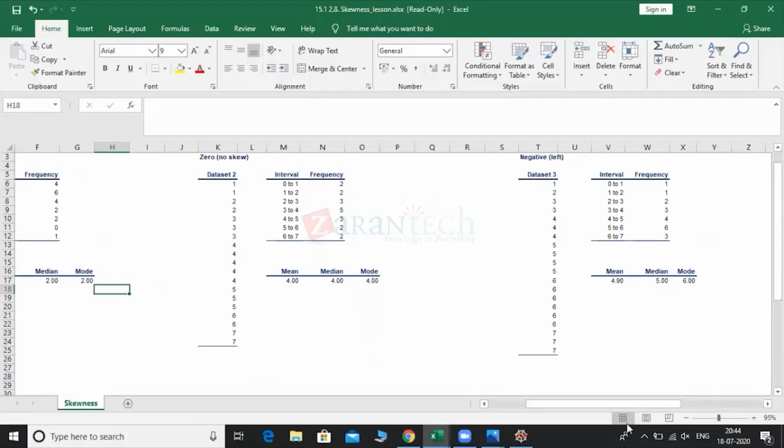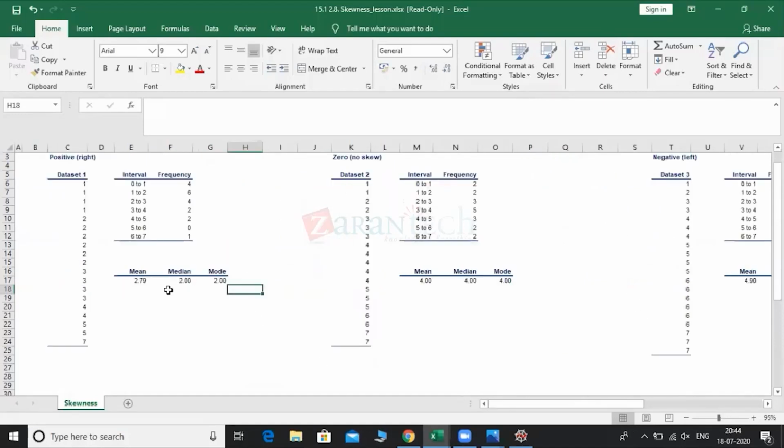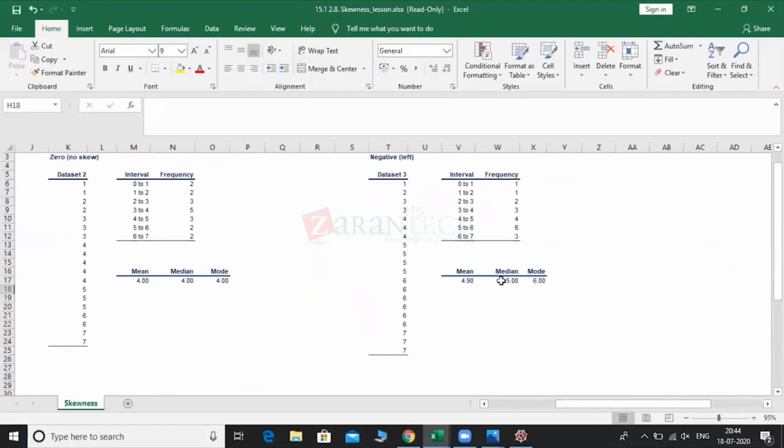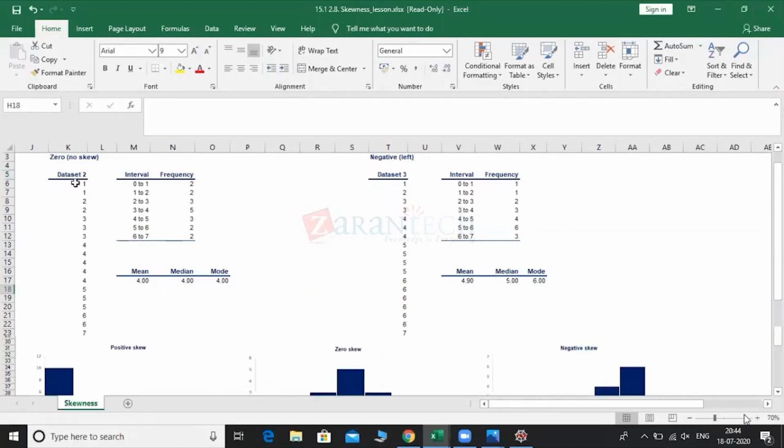In one of the cases, the mean is greater than the median. In another case, the mean is less than the median. The mean is 4.9 and the median is 5. And in this case, the mean is equal to the median for this particular data set.